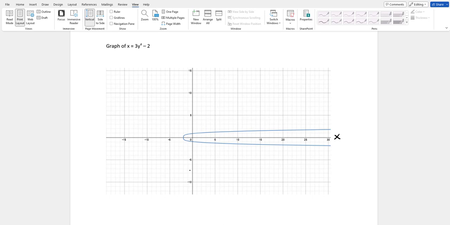Okay, let's do another one. This time we have y is equal to x cubed minus 2x. Let's see if it's symmetric about the x-axis. So to do this, once again, we're going to set y equal to negative y.